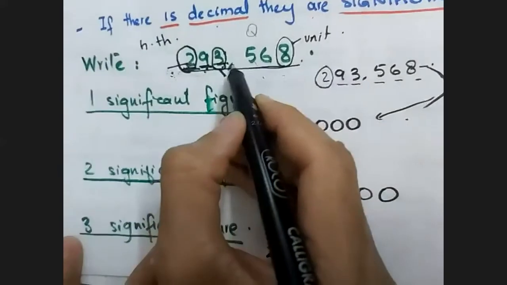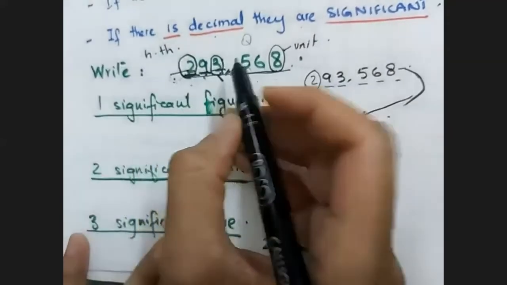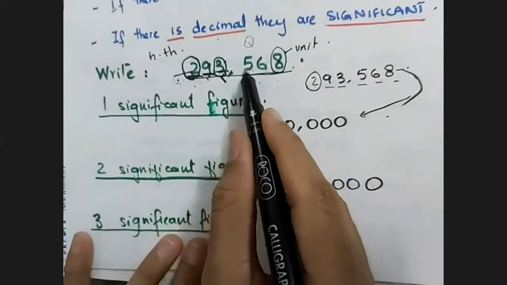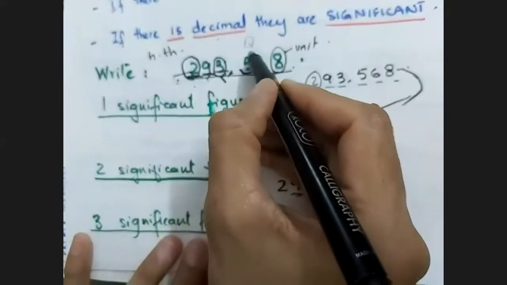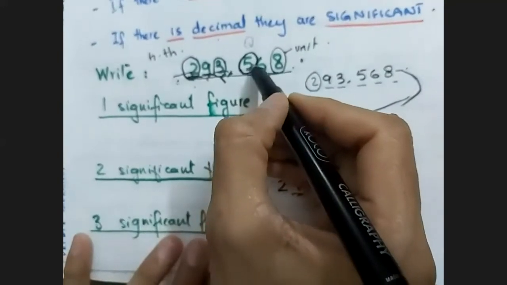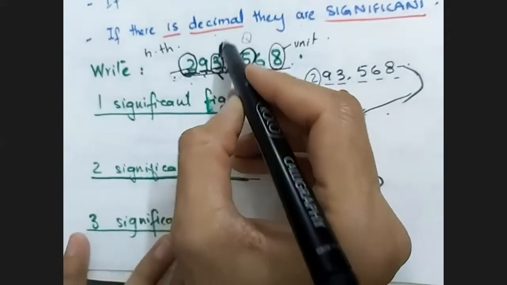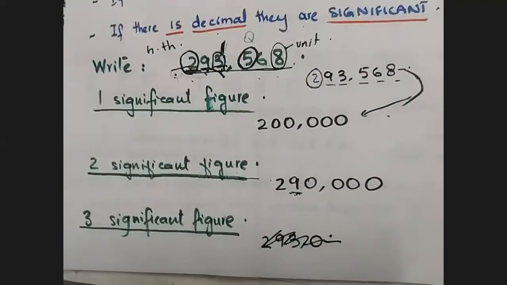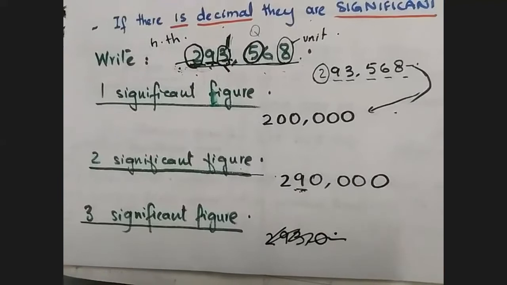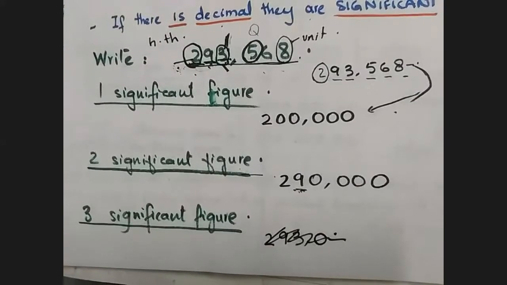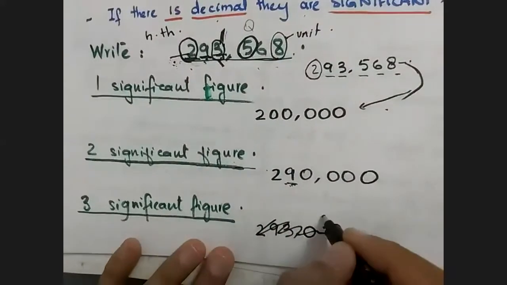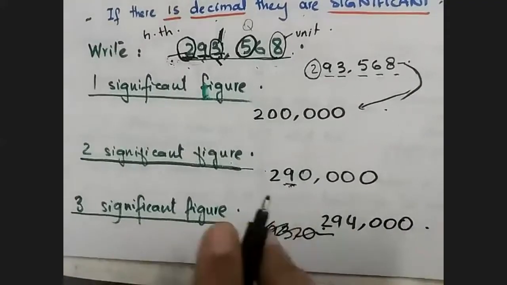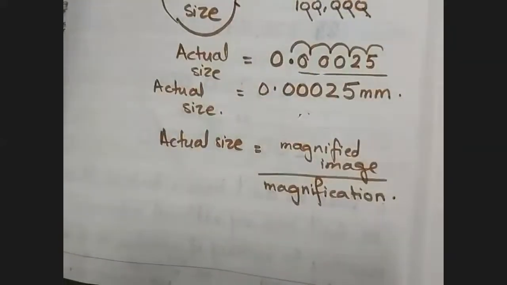So you will take 2, 9, and 3. But before you write down the final answer, check the digit which is right next to them. That is 5. So that means this will increase by 1. Okay. So Rahim, what is the final answer? 294,000. Right. 294,000. Okay. So this I guess you guys know.